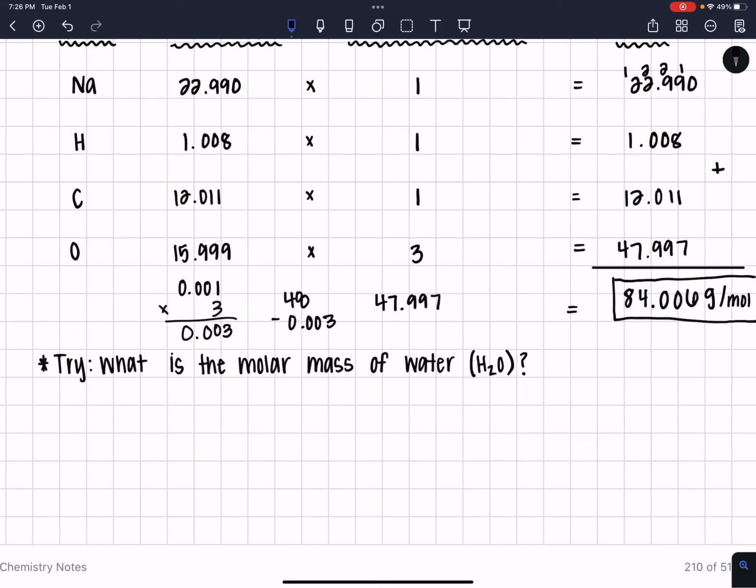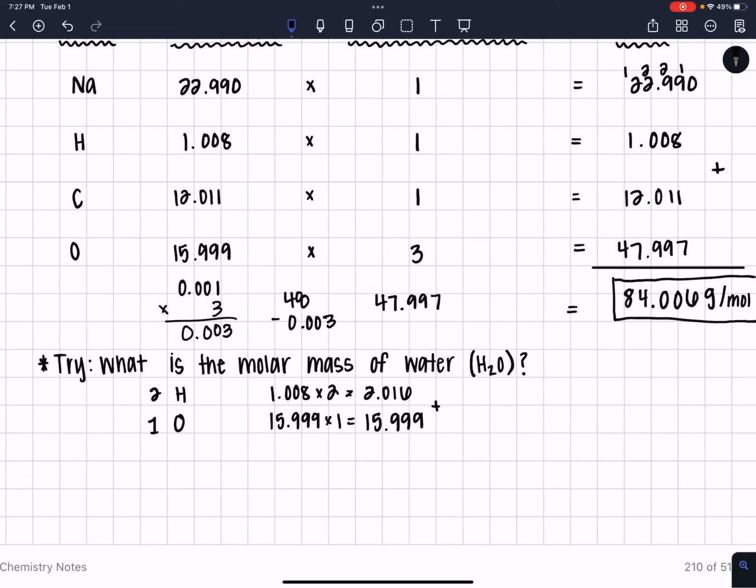So in water, there are 2 hydrogens and 1 oxygen. So I'm going to take the mass of hydrogen, 1.008, and multiply it by 2 to get 2.016. And my mass of oxygen, I'm just going to multiply by 1 to get the same good old mass of 15.999.